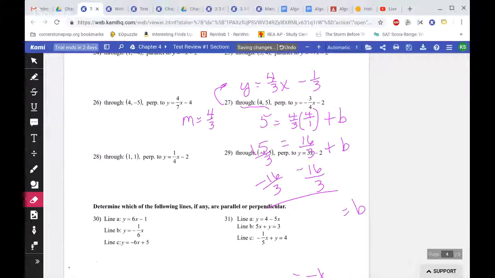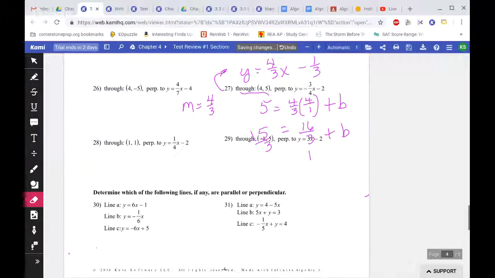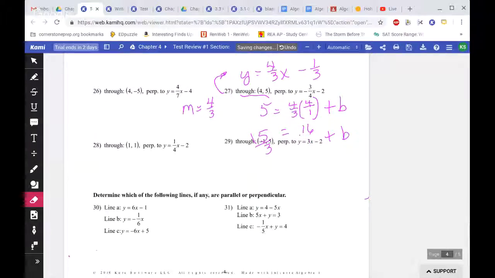How did you all do on numbers 30 and 31? Did she go over those in class? In our class, we did 30, but not 31. Okay. All right. I want to make sure I get to those because there's definitely some of those on the test. And if you need extra practice on those, the extra credit opportunity with the book work, I think, Eli, since you're with me, do you remember what numbers those were?